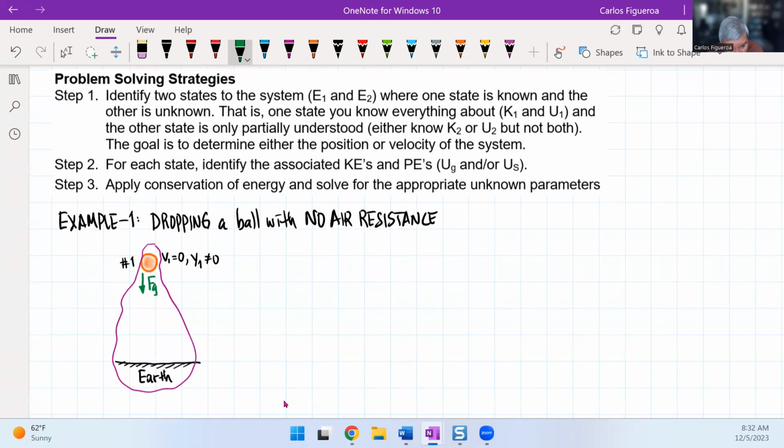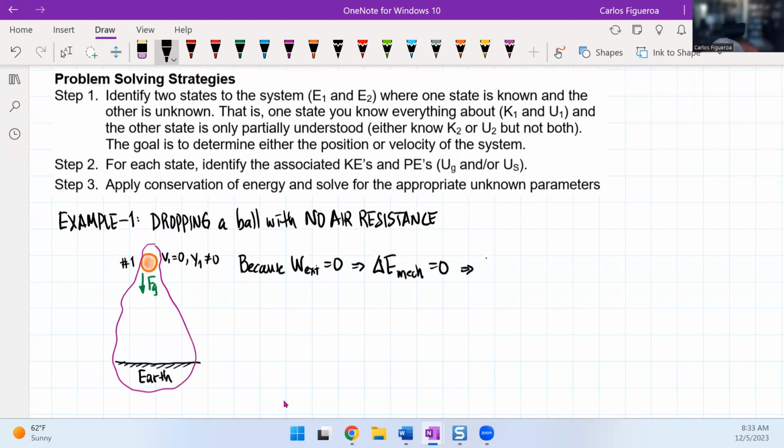When I look at this, it allows me to state that if the force of gravity is the only force in the system, then total mechanical energy is conserved. In other words, because there is no external work, the change in mechanical energy is 0.